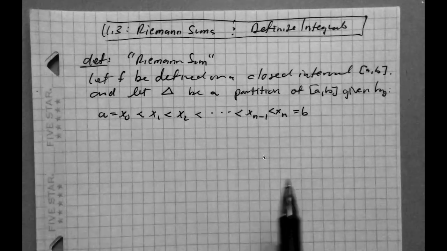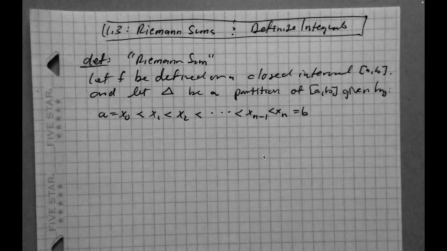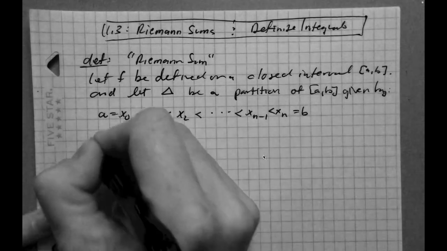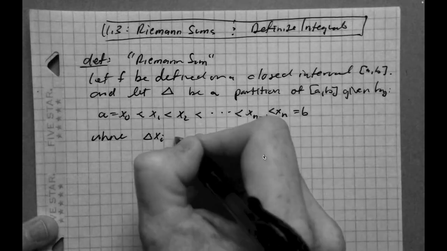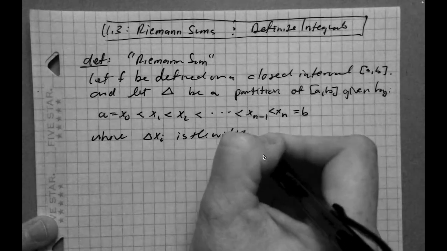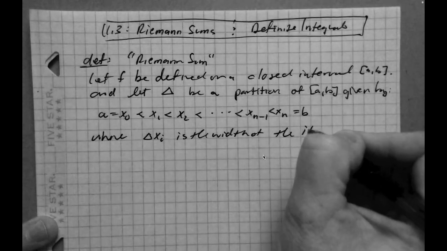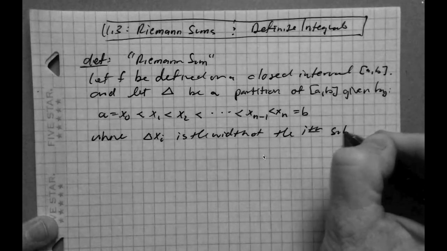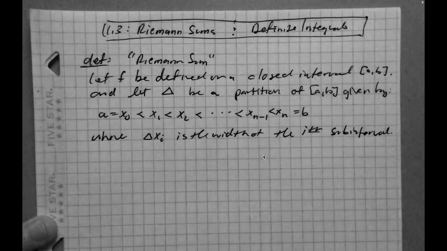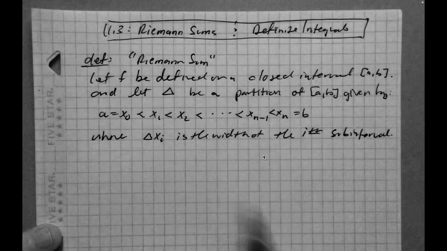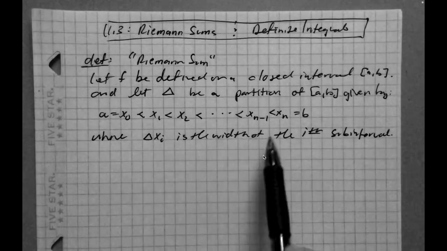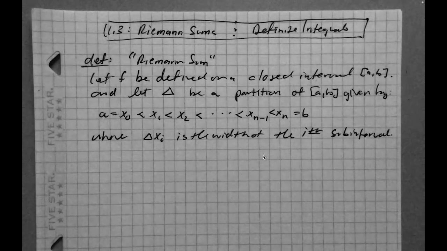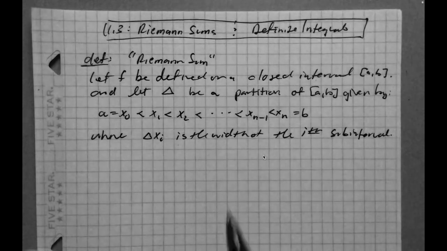So I've got basically a partition of n intervals on this overall interval from a to b, where delta xi is the width of the ith subinterval. I guess implicit in this is that the intervals do not all have the same width, because we say delta xi is the width of the ith subinterval.